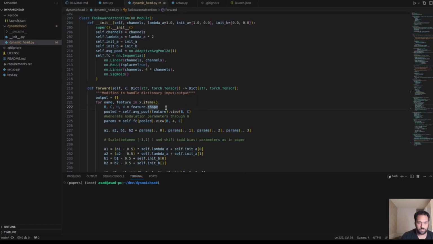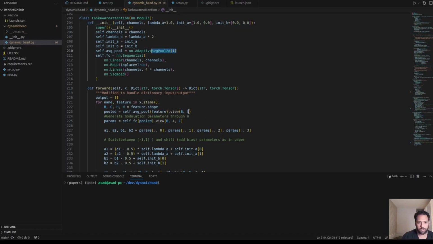We get the feature which is now of shape BCHW. We take the average pooling, so we cancel out H and W to only 1 because it is passing through global average pooling. So when it passes through this, H and W will become 1, and we will have B, C, 1 and 1.